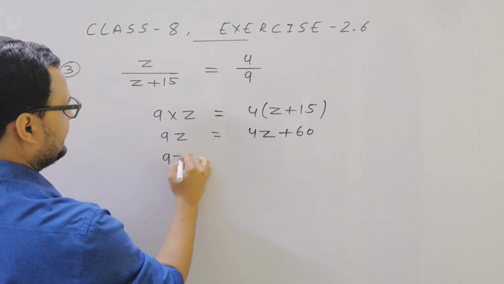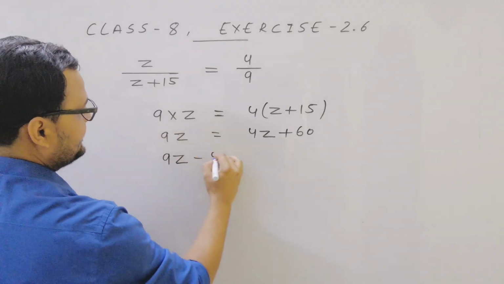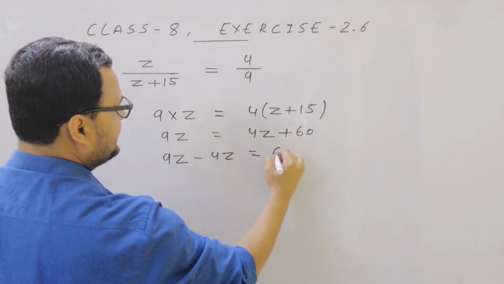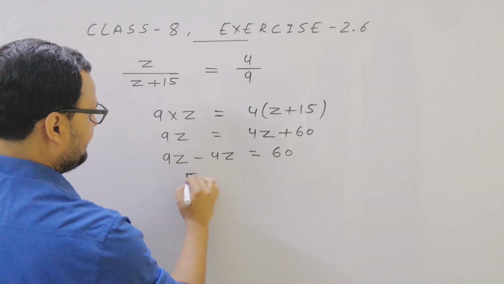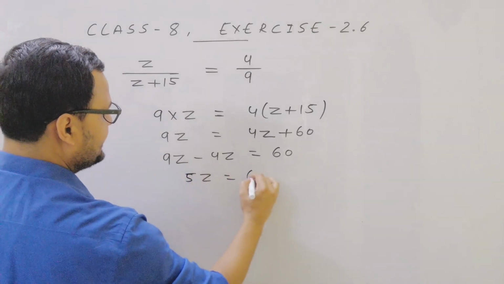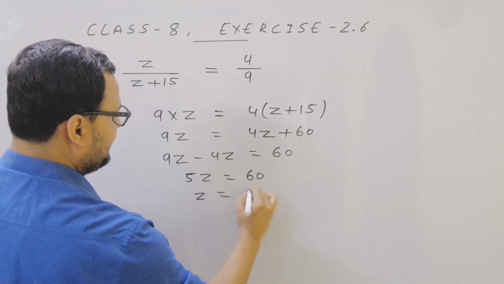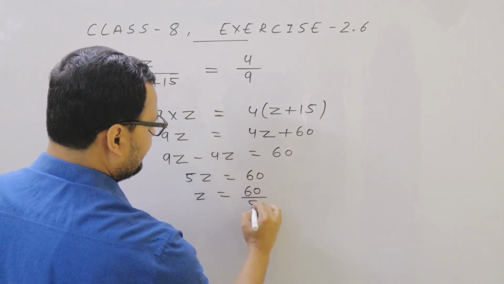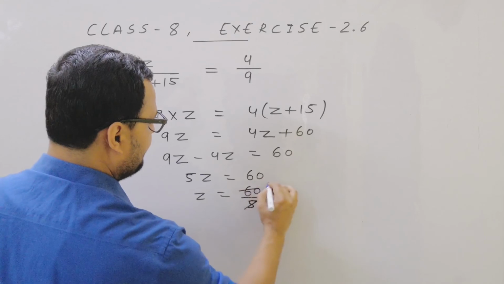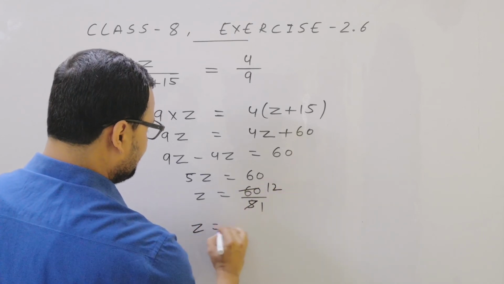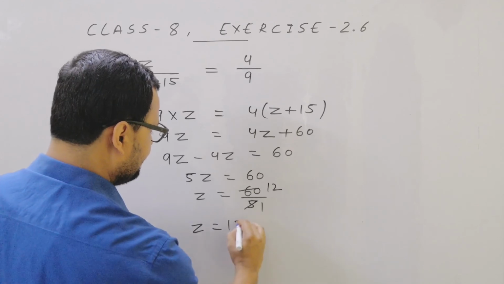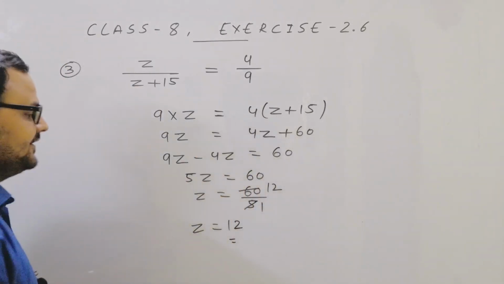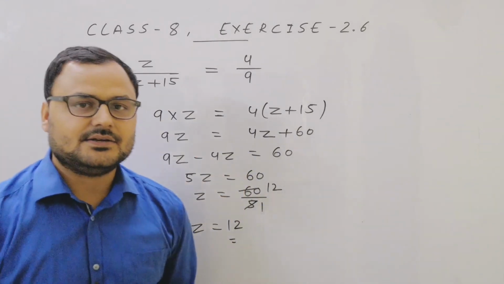Now this 4z will come this side, so 9z minus 4z equal 60. 9 minus 4, because they are like terms, so I got 5z equal 60. Then z will be 60 by 5. 5 12s are 60. So for question number 3, the value of z equal 12.